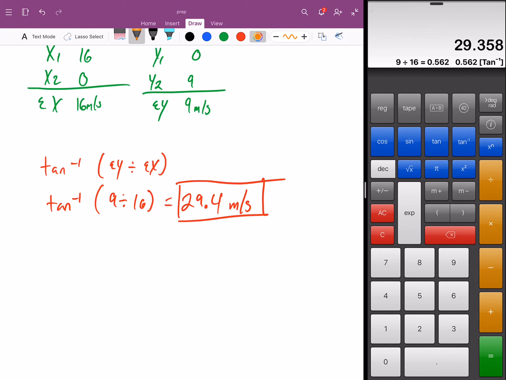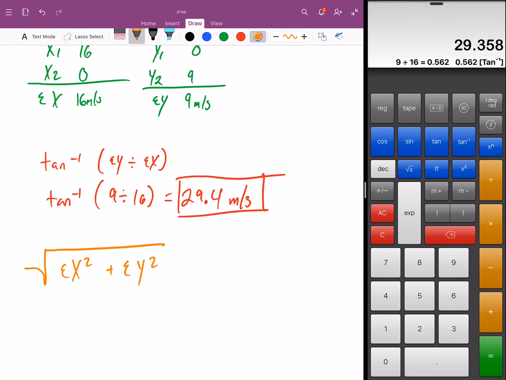Next step, let's do the magnitude or the resultant velocity. Square root of sigma x squared plus sigma y squared. In our case, 16 squared plus 9 squared.